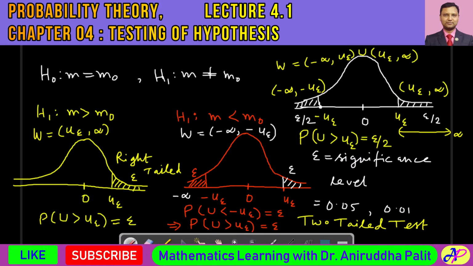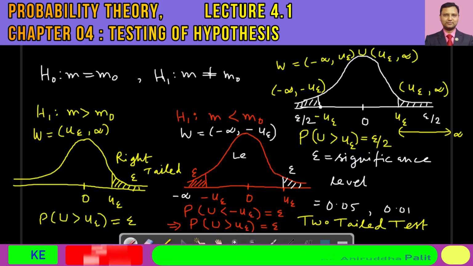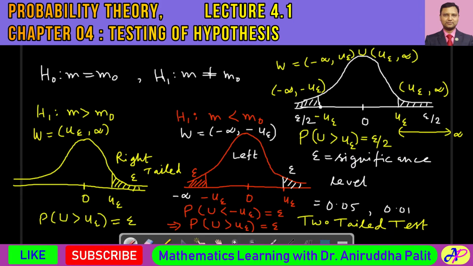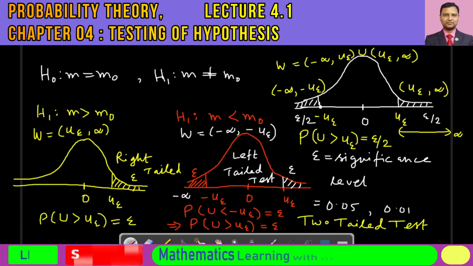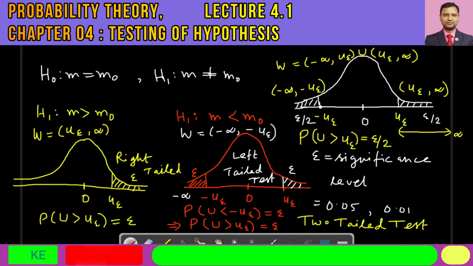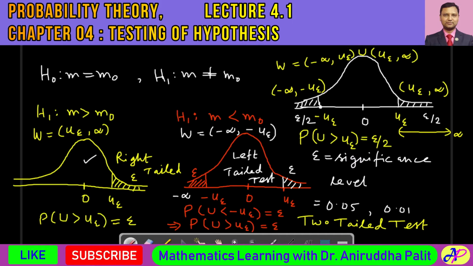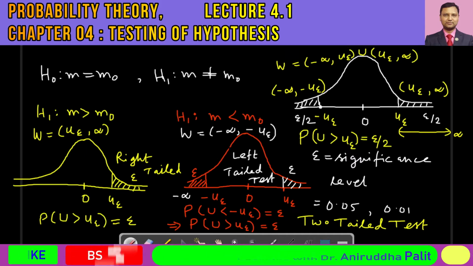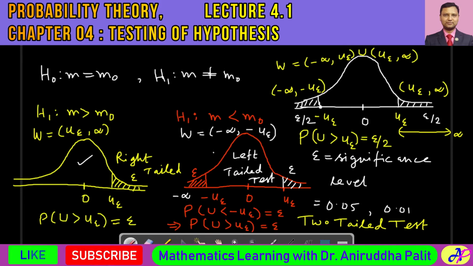That's why this type of test is called a left-tailed test, or left-sided. So this was the both-sided test or two-tailed test. These are the right-tailed test and the left-tailed test, or we call these two together one-tailed tests. This is the two-tailed test and these two cases are one-tailed tests.